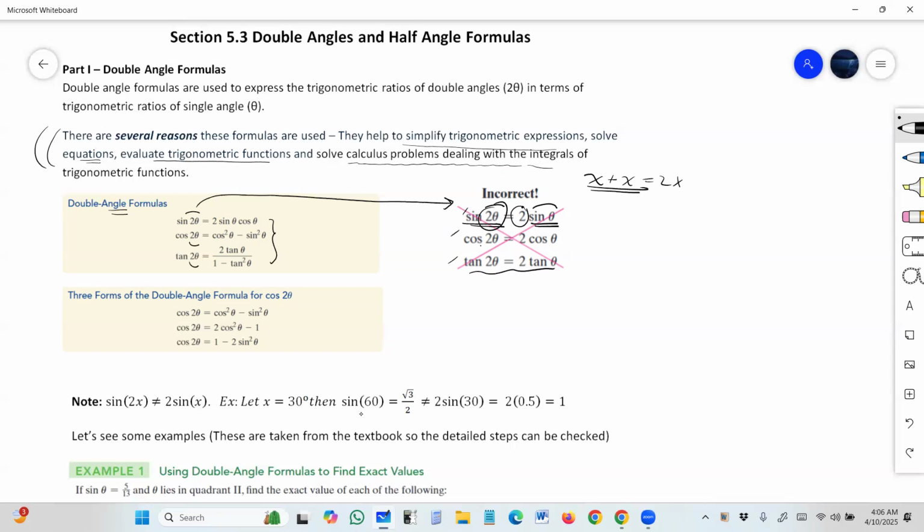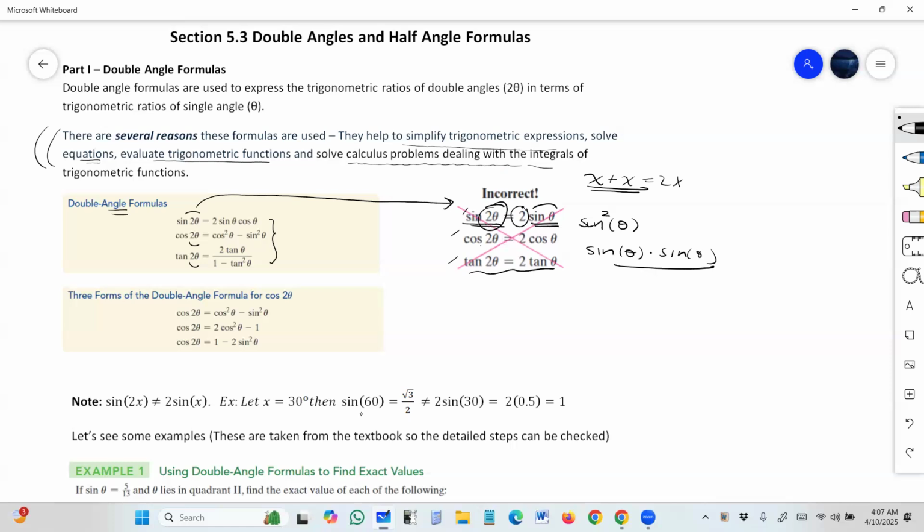Later, in a separate section of the course, we'll talk about sine squared theta. I think I've mentioned before that sine squared theta is sine of theta times sine of theta.